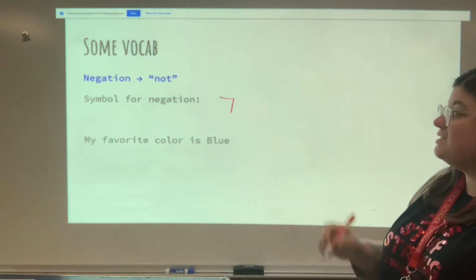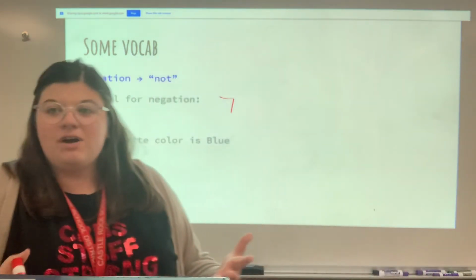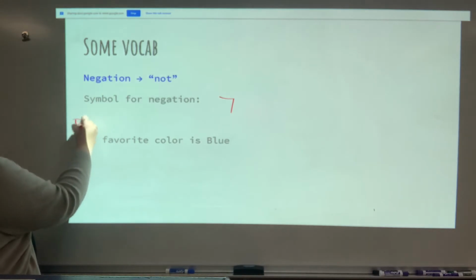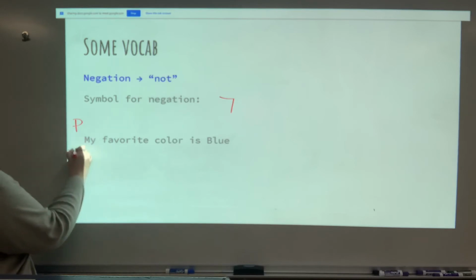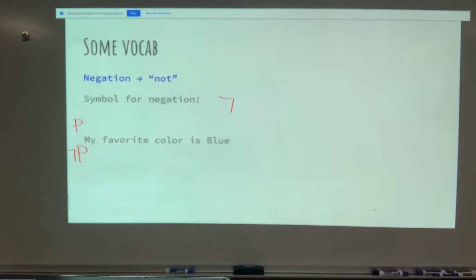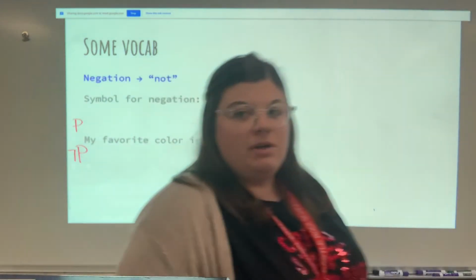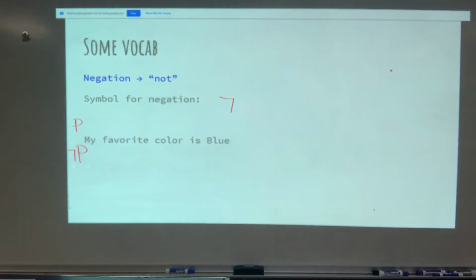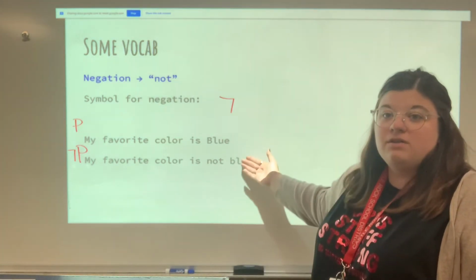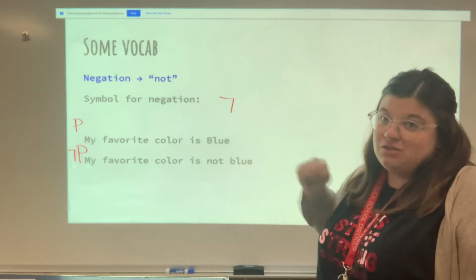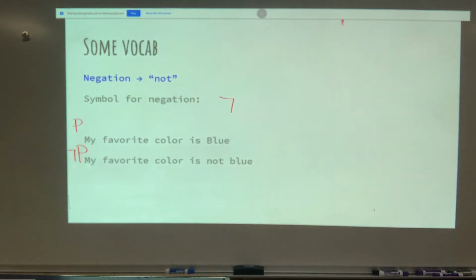If you are given a statement, let's say I've got P, my hypothesis, then the negated form of P, again, I see that negation symbol and my statement. The negated form of P would be, well, my favorite color is not blue. Again, here's your conjecture. Here is the negated conjecture. So, again, just think opposite or the word not.